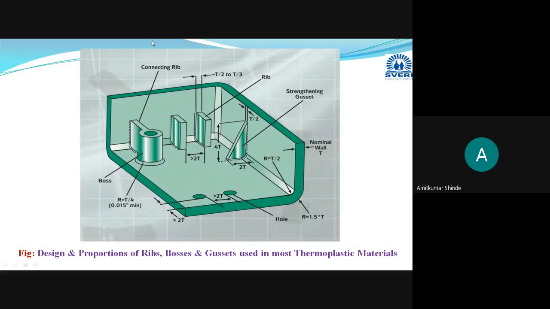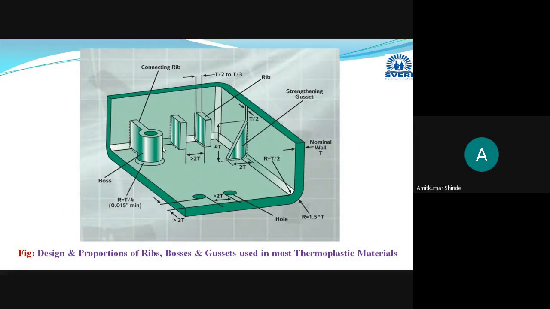In short, you can say a boss is nothing but a protruding stud. In books they have used these words, so instead of that difficult word, you can say this is one arrangement. It is helpful for making the assembly of two plastic parts.